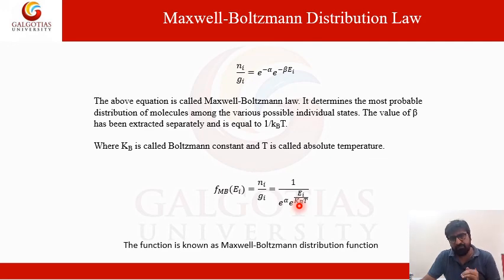That's why, as we go to excited states, the occupancy of those energy states gets lower as you go higher in energy. It is the basic Maxwell Boltzmann distribution.